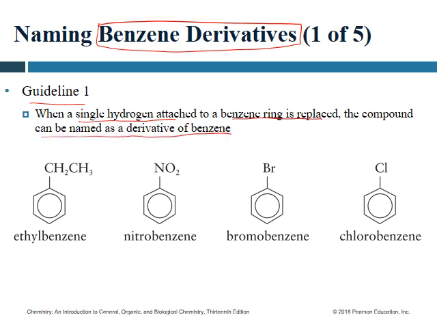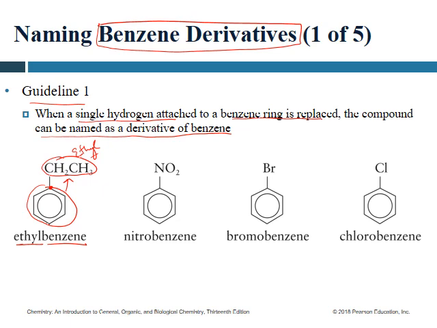So the hydrogen that was present on this carbon gets replaced by this ethyl group. We can write this name as ethyl benzene. That means on the benzene ring you have an ethyl group attached.